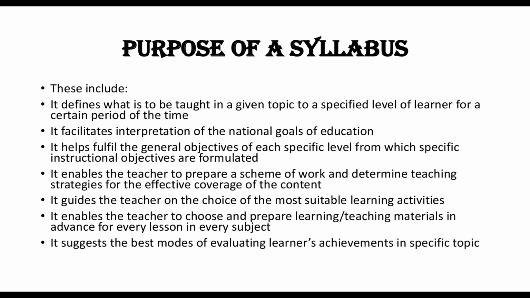So what then is the purpose of the syllabus or the course outline? The course outline or the syllabus is there to define what is to be taught in a given topic to a specified level of learner for a certain period of time. So you specify what has to be taught. That is what is there in the course outline.